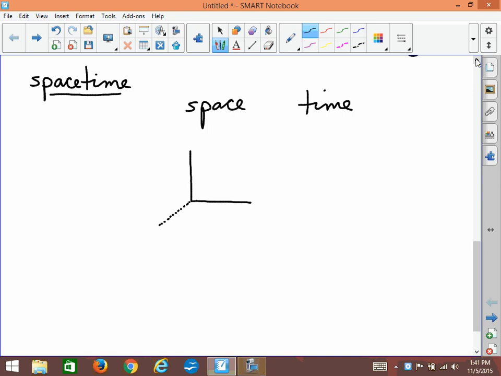We traditionally call these coordinates x, y, and z, which in a sense can represent length, width, and height. It also shows that inside space you can move left and right along the x-axis, up and down along the y-axis, and in and out along the z-axis. So it basically describes all the different ways that you can move, and any combination of those.